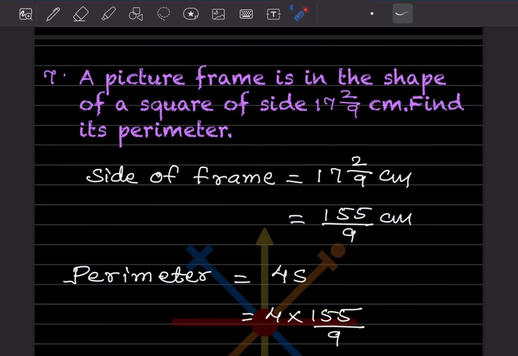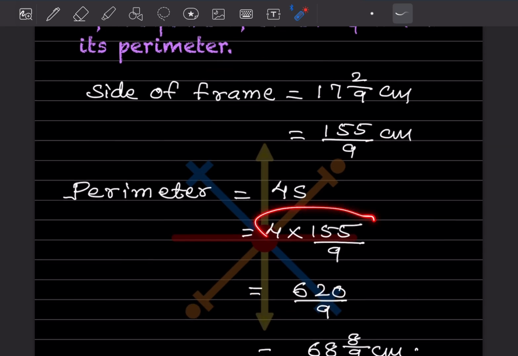And because this is a square, the perimeter of a square is 4s. So 4 into 155 by 9 gives 620 by 9. Again, this is improper, so you have to make it a mixed fraction. So the perimeter of this square is 68 integers 8 by 9 centimeter.